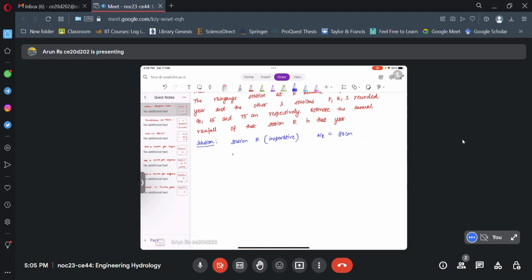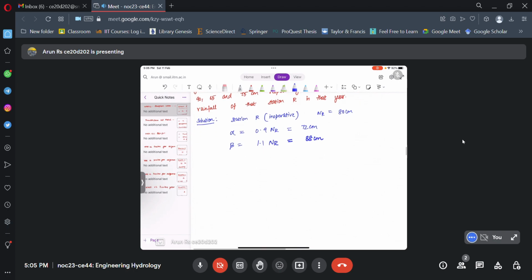So we need to compute 0.9 times 80, which is 72 centimeters, and beta is 88 centimeters. Here, the normal rainfall of station P and station S are outside the range alpha and beta.